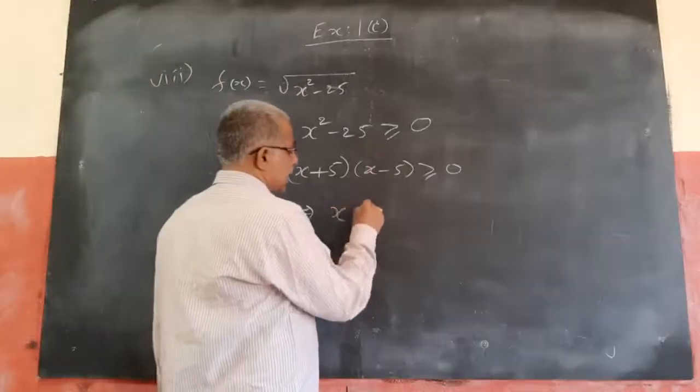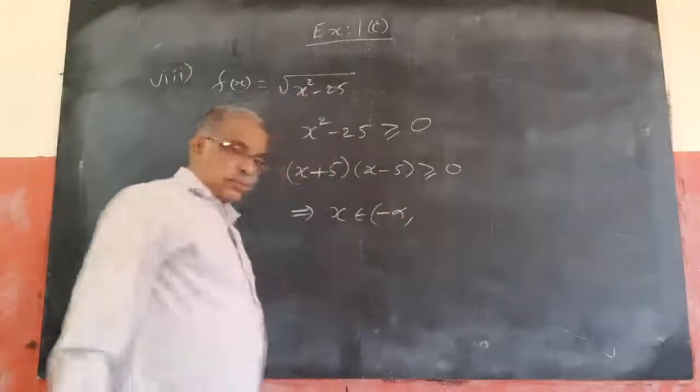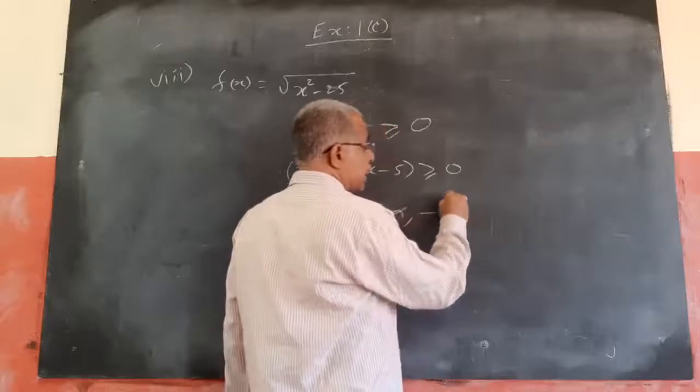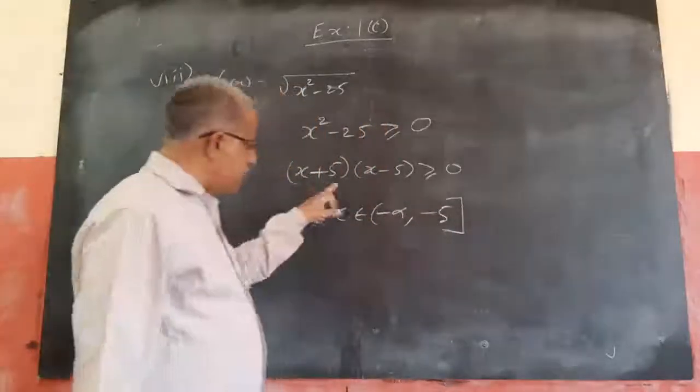Implies x belongs to minus infinity to minus 5. Here the bracket is important, a closed bracket. Why closed bracket? It can be 5. Equal to is there.